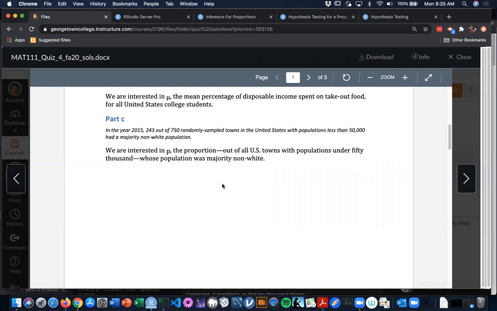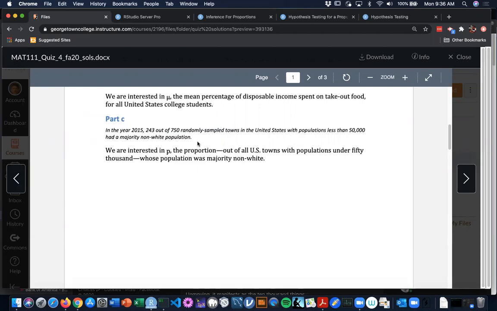Part C, in the year 2015, 243 out of 750 randomly sampled towns in the United States with populations less than 50,000 had a majority non-white population. So here, the population is all of the United States towns that are small, all the United States towns whose population is less than 50,000.